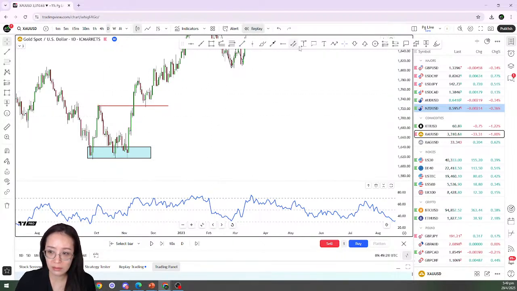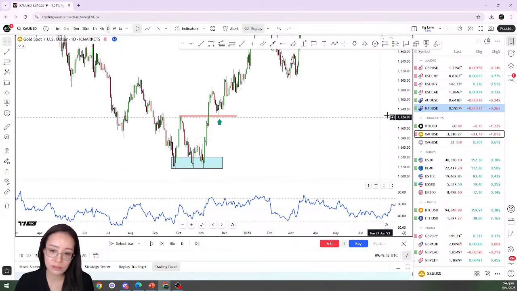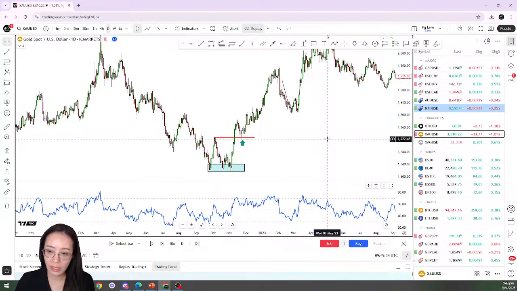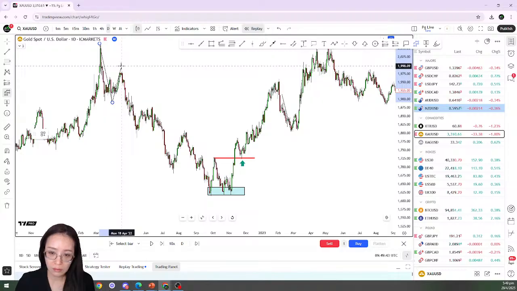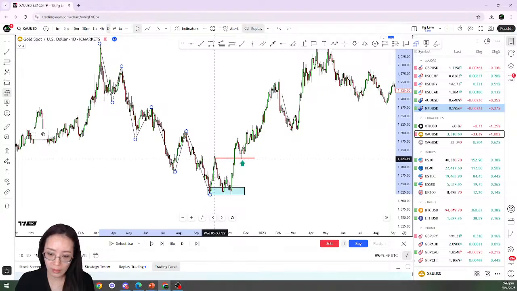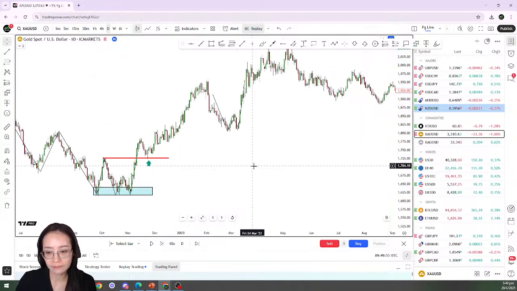You can have another buy at this level, which is a pullback. If you look at market structure from here: lower low, lower high, lower low, lower high, lower low, lower high, lower low, lower high, equal low, low high, and another equal low and higher high.